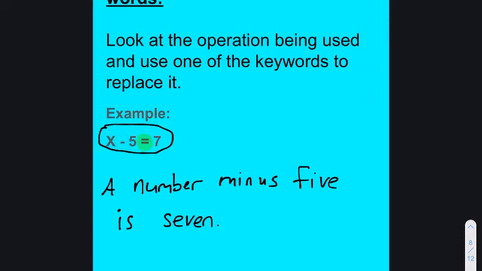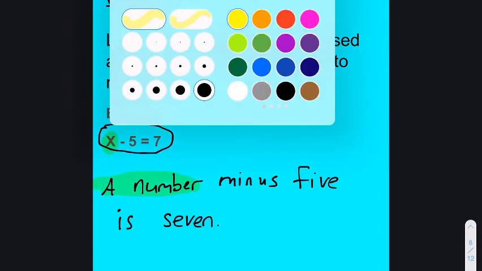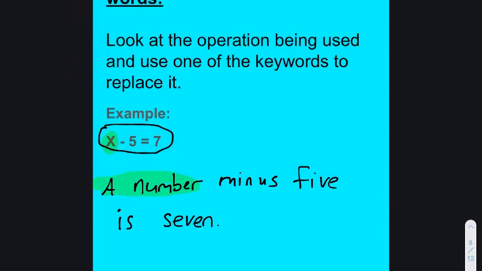All right, let's take a look. Let's see how we have matched it up. We had the letter x, and instead of writing the letter x, we wrote a number. Then we had the subtraction symbol, and the word that goes with that is minus.